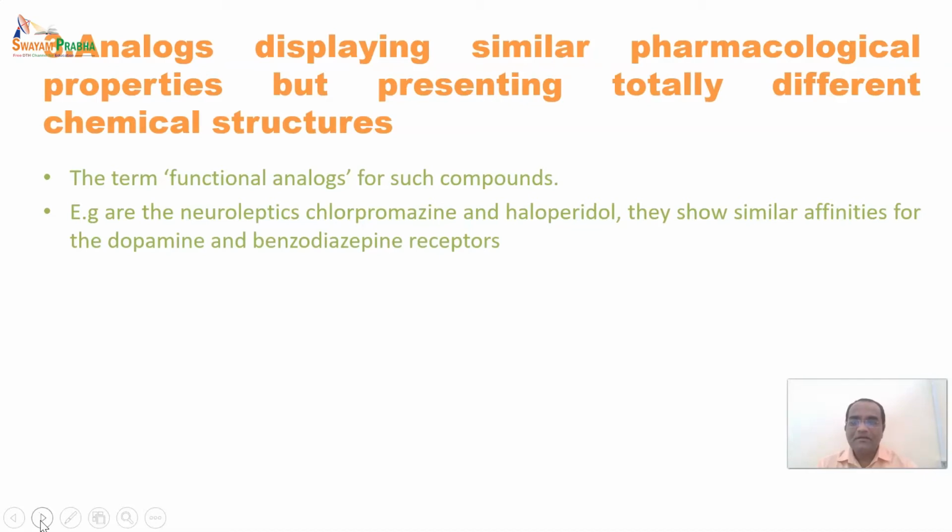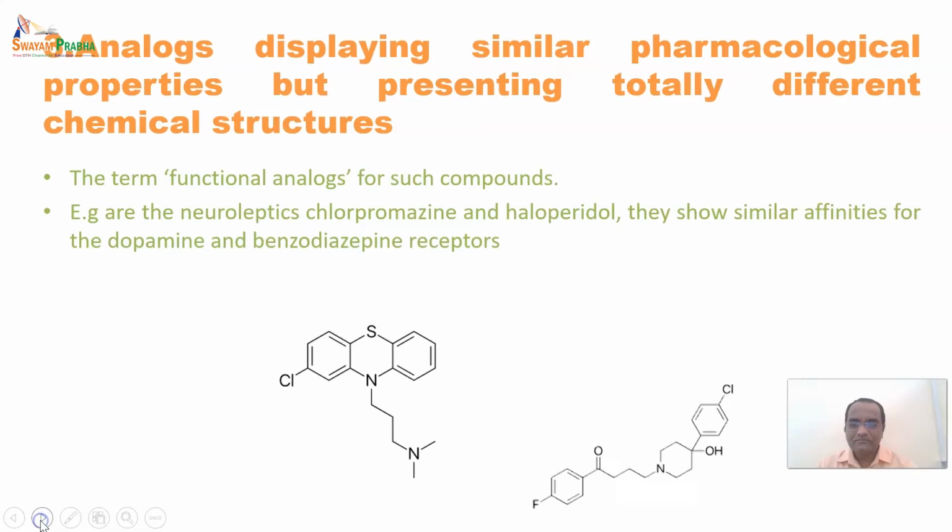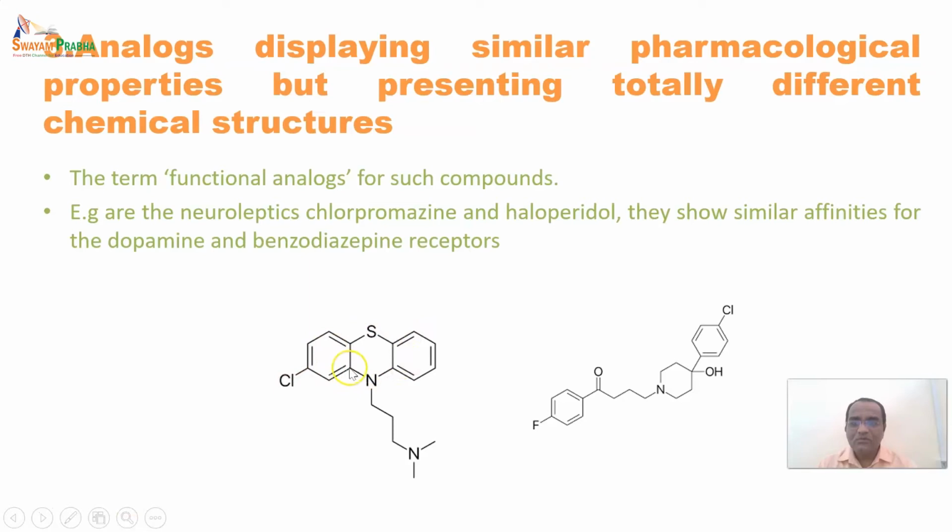Examples are the neuroleptics chlorpromazine and haloperidol. They show different affinities for dopamine and benzodiazepine receptors. This is the structure of chlorpromazine, having a chlorine substitution, and the second one is haloperidol. Here you can see that the structures are totally different, but the activity is similar.